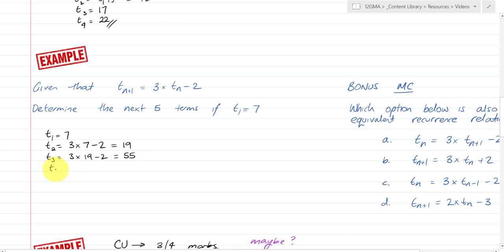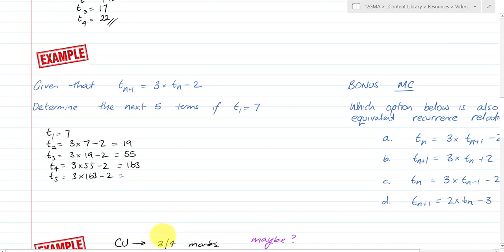This is going to quickly get out of hand. Term 4 is 3 times 55 minus 2, which is 165 minus 2, 163. Term 5 is 3 times 163 minus 2, which is 489 minus 2, 487.